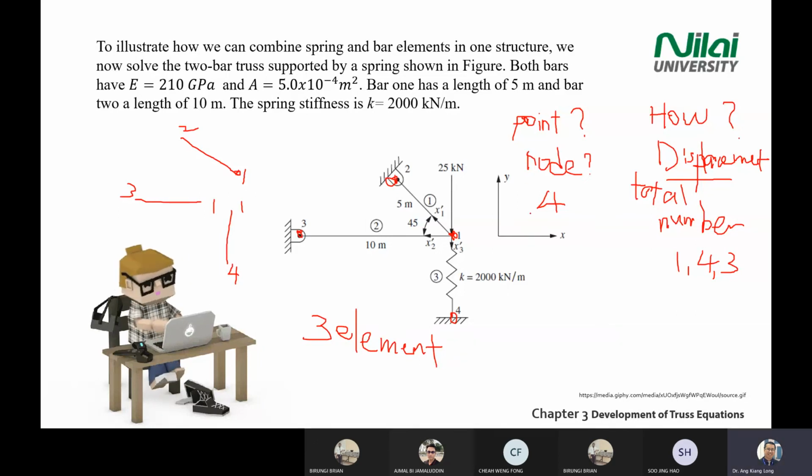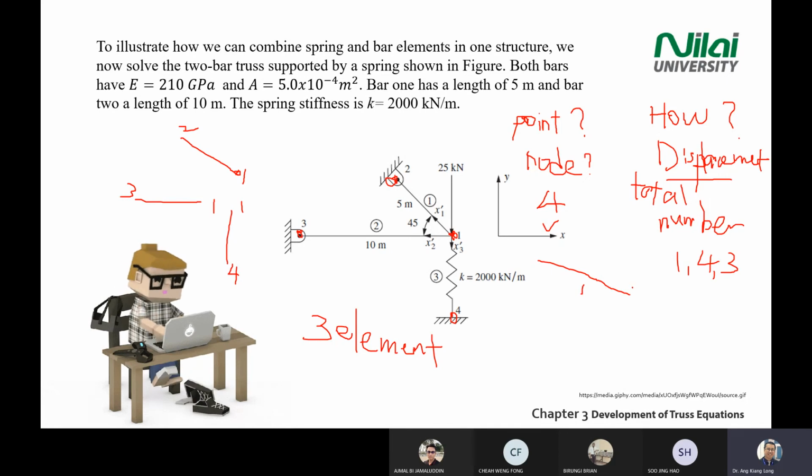All right. Now, all of you know we have a total of 4 points, right? All of you agree, right? Go ahead, do you want to try to answer? Each element with its own displacement. Yeah, but I'm talking about the total displacement that you need to calculate. So for example, try to do it slowly. Element 1 will give you displacement at point 1 and point 2.